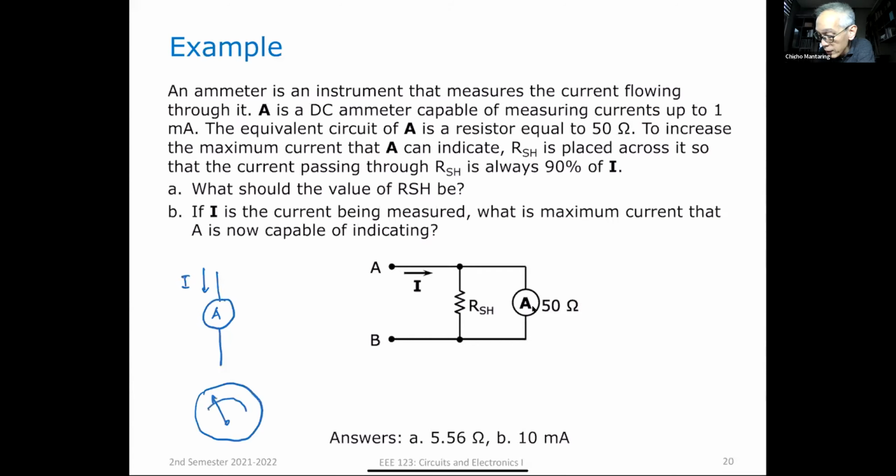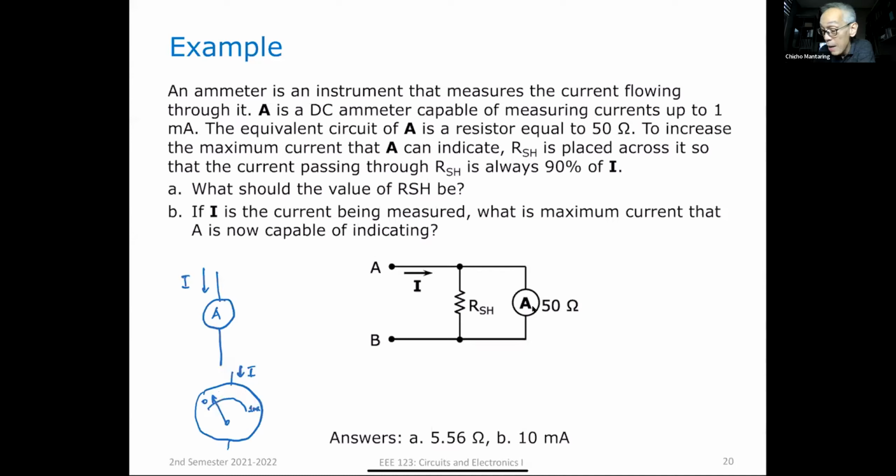Maybe this is 1, and let's say 1 mA, something like that. So this is the face of your ammeter. Depending on the current that will flow, this needle is going to deflect to the value of current that you can read on the scale.